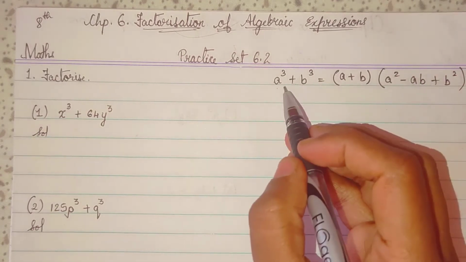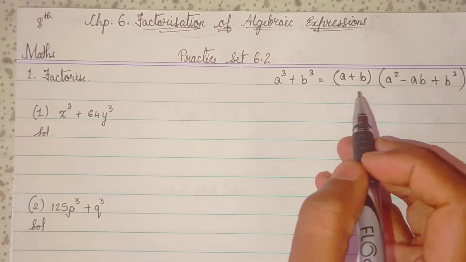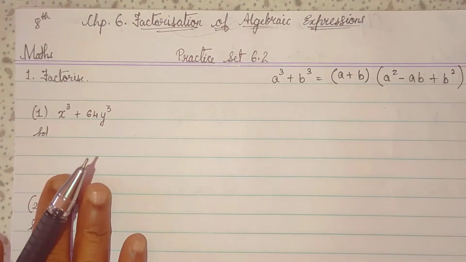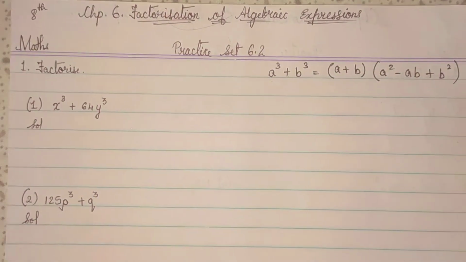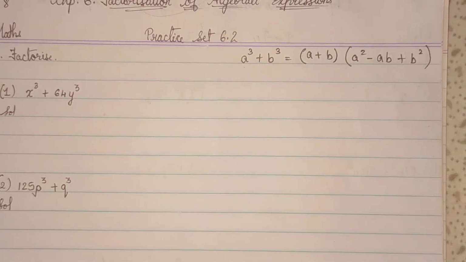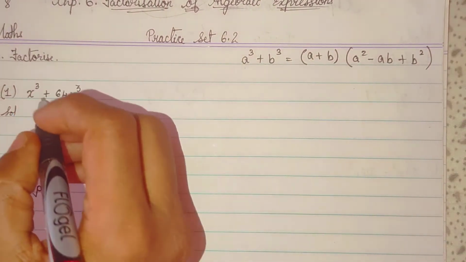This is the formula for a cube plus b cube. So we will factorize this term by using this formula. Let's see how to do this.